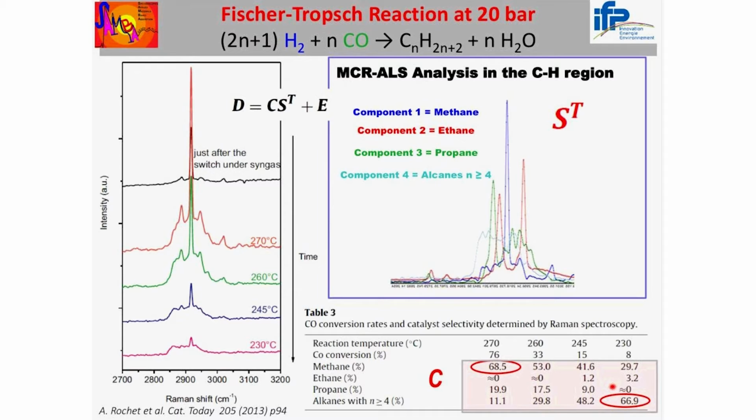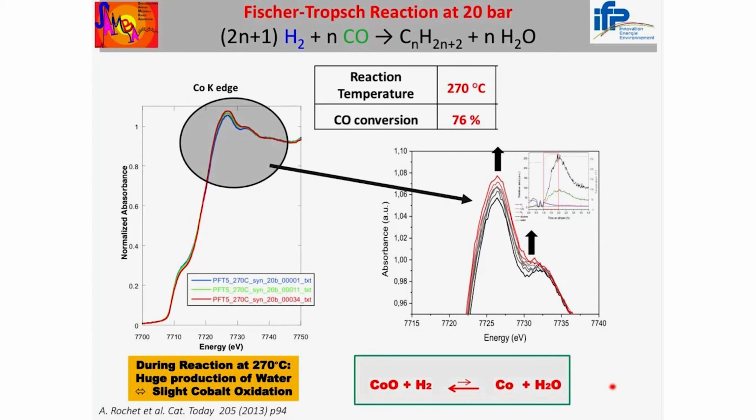Now I would like to discuss these results in conjunction with the X-ray absorption results gained simultaneously to the characterization by Raman. Here you have, for instance, the XANES spectra recorded at high temperature. These spectra were recorded at 270 degrees Celsius, where you have this carbon monoxide conversion.